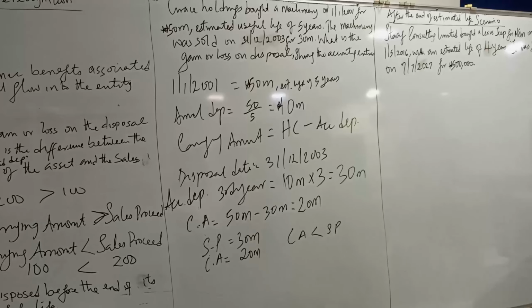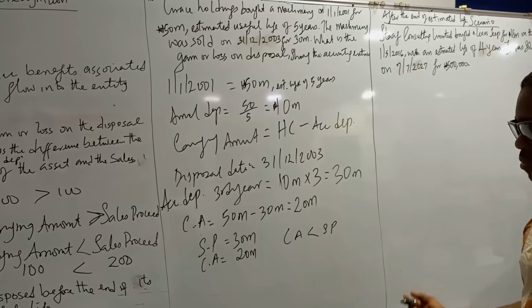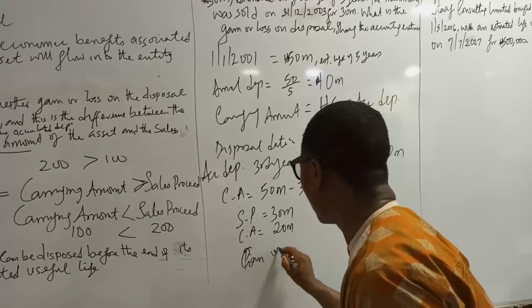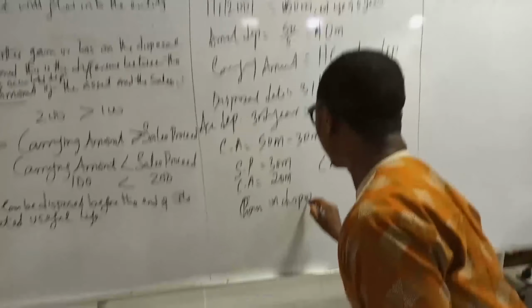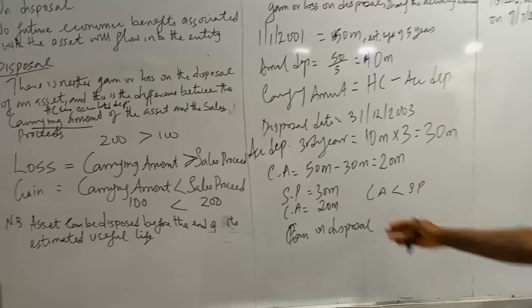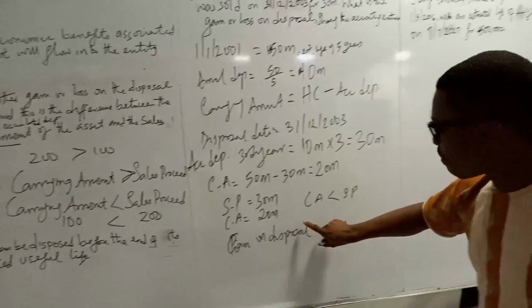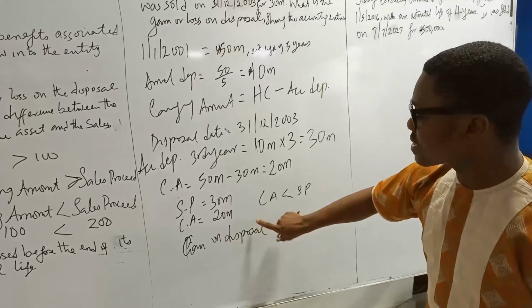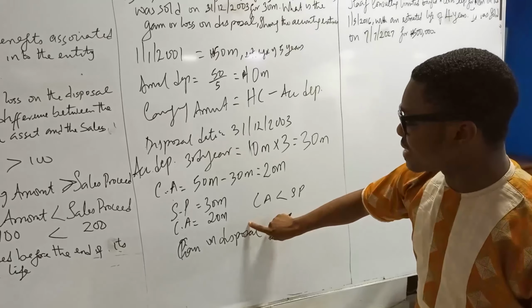Because our carrying amount is less than the sales proceed, it is a gain on disposal. Why? Because our sales proceed is better than the carrying amount.